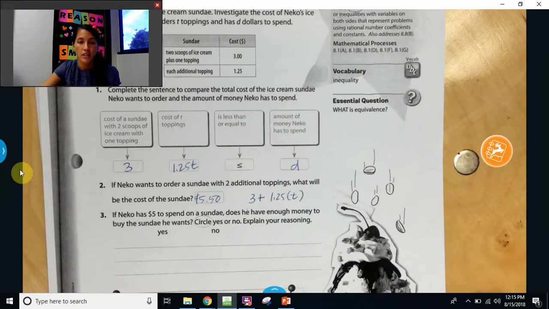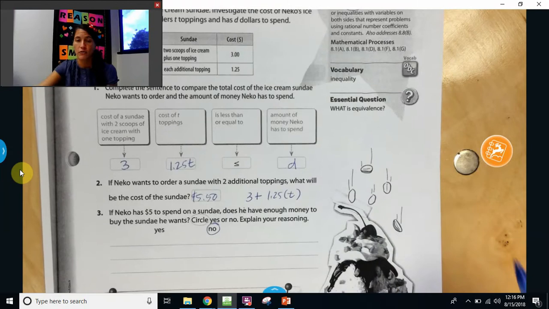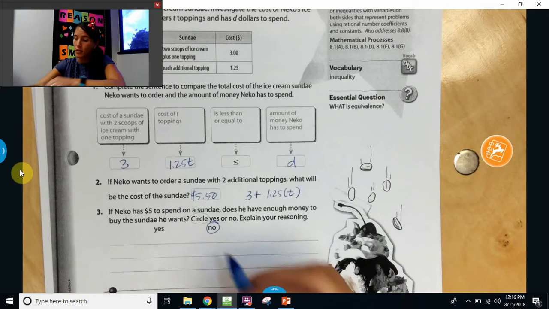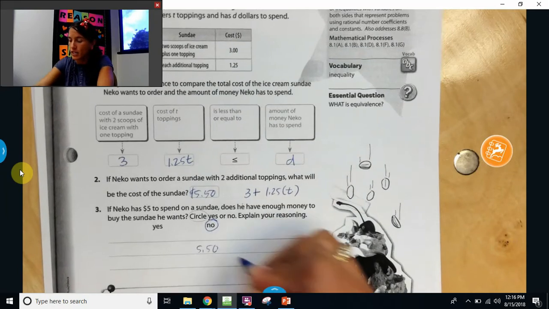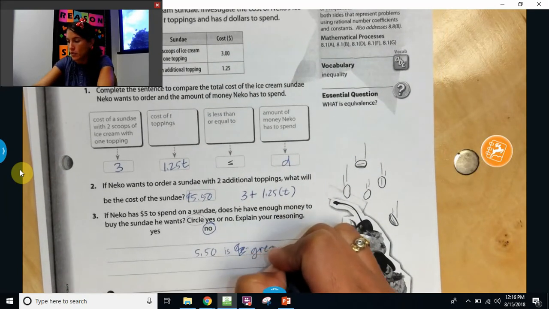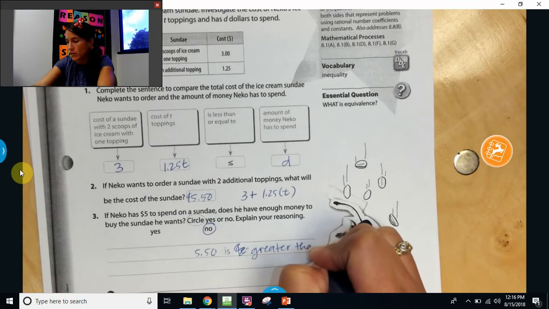If Nico has $5 to spend on a sundae, does he have enough money to buy the sundae with the 2 toppings? And the answer is no. Explain your reasoning. Well, he only has $5 and he needs at least $5.50. So he doesn't have enough money because $5.50 is greater than 5.